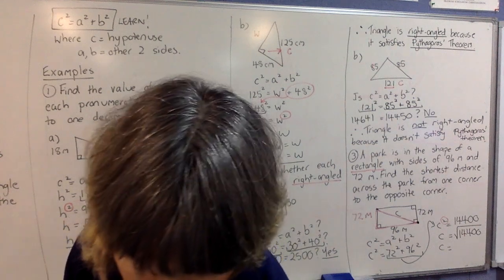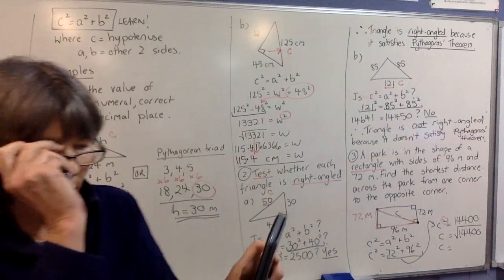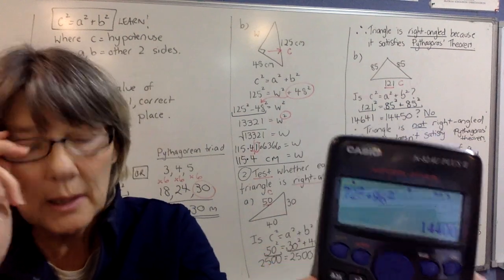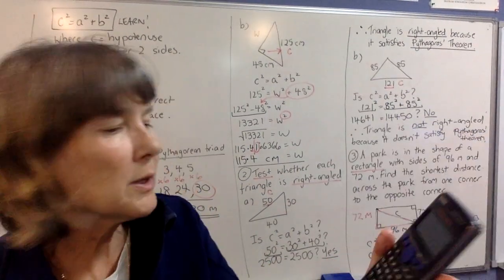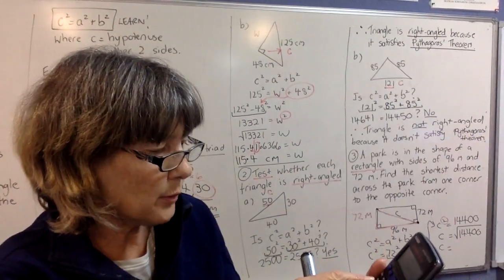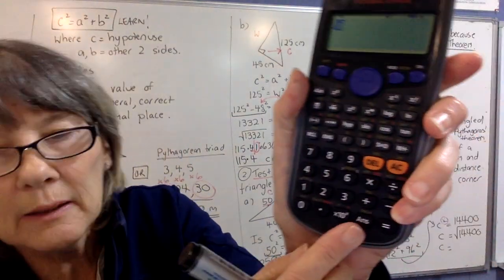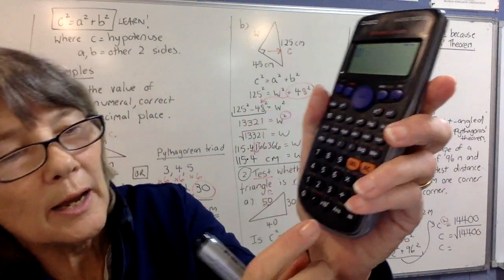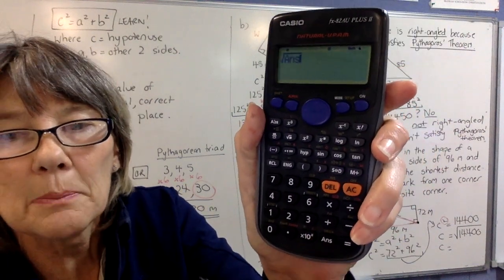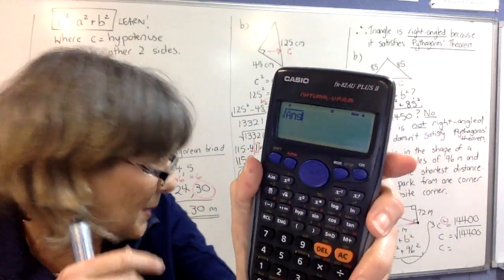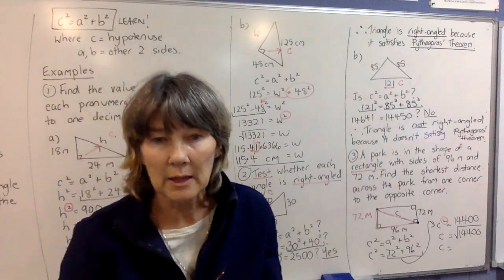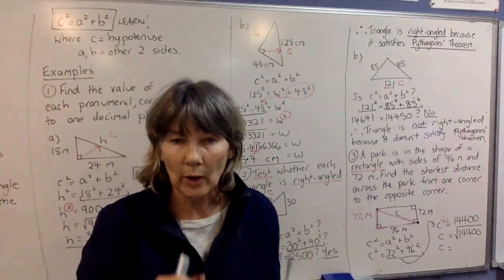Now, if you've left that on your calculator like I have, all we have to do is press square root, and then press the answer button, which says square root answer. That means it's square rooting the previous answer that you had, which was 14,400.